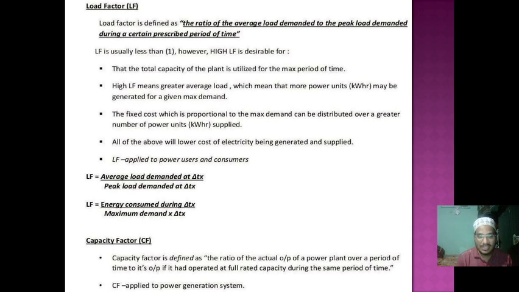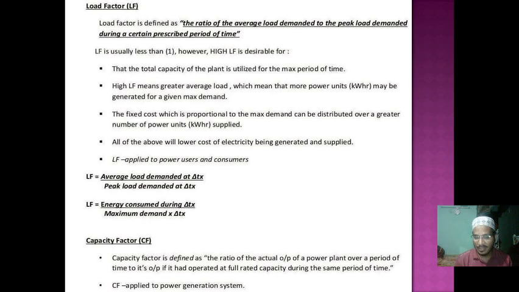The capacity limit of the power plant to take the load is called peak load demand. Average load demand at delta Tx by peak load demand, that is your load factor.